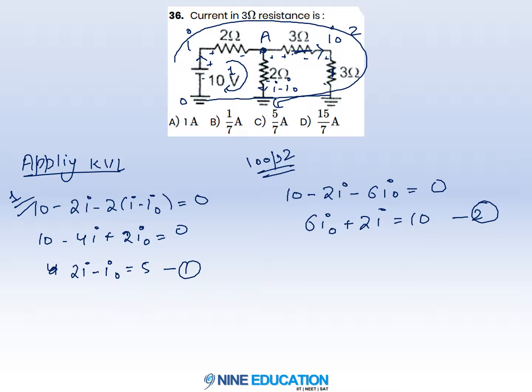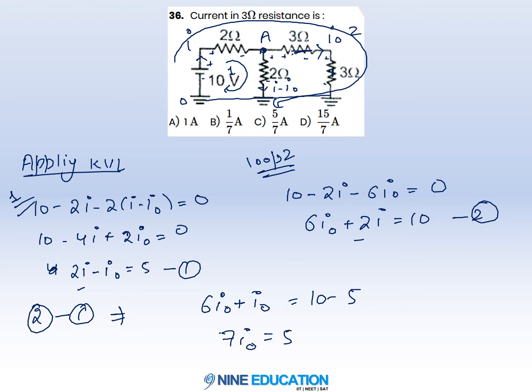So what we have to do, just subtract first from second. So from here you will get 6 I naught plus I naught, this 2i will cancel out, 10 minus 5. So what we are getting, 7 I naught equals 5, and from here I naught becomes 5 by 7 ampere. So which option is correct? This option is correct. All right.